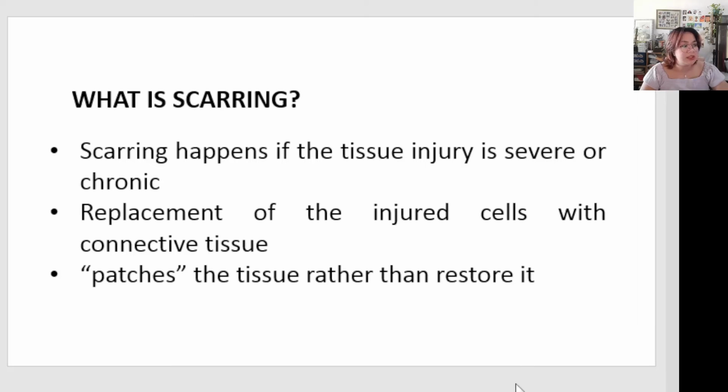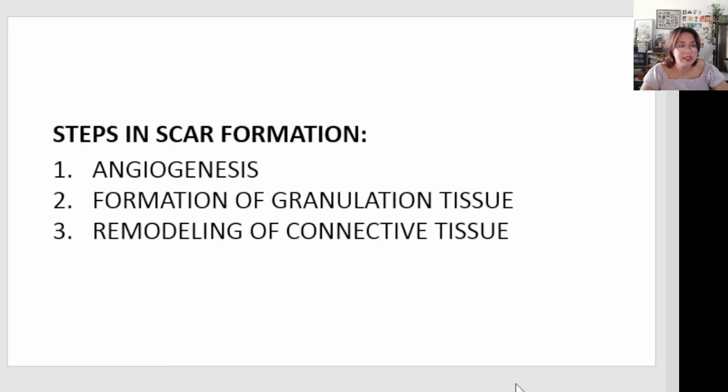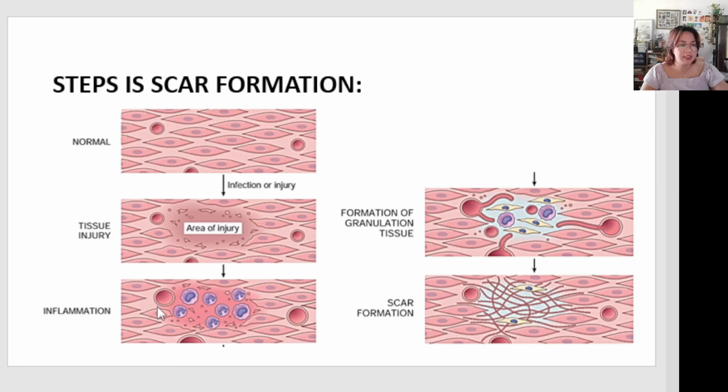And next are the steps in scar formation. So here are the steps. The first one is angiogenesis. The second one, formation of granulation tissue. And the third one, remodeling of connective tissue. So we can see over here that this is a normal tissue. And when there is an infection or injury, there is going to be a hemostatic plug which stops the bleeding.